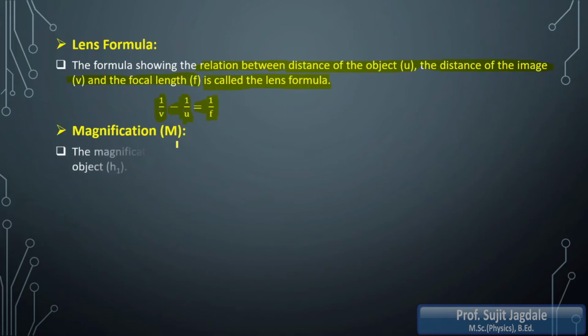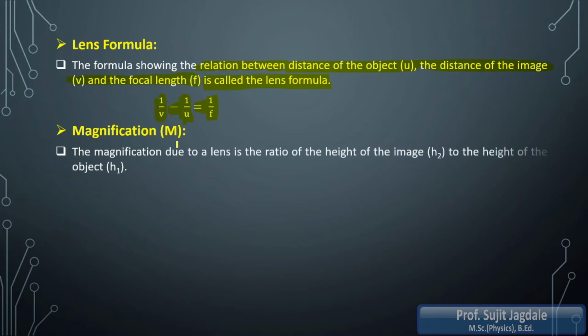And if we consider the definition of magnification, then the magnification due to any lens is the ratio of the height of the image, which is indicated by h2, to the height of the object, which is indicated by h1.